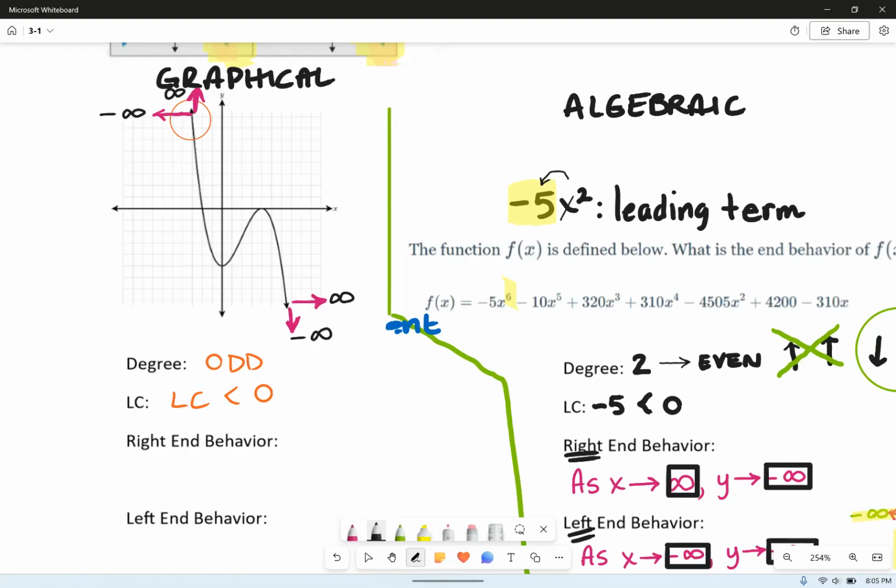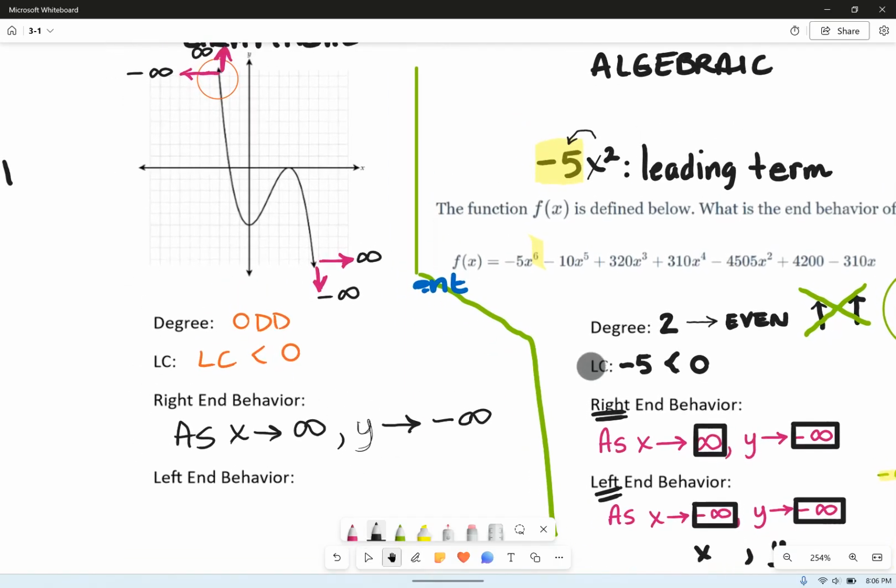So we need to do the right end behavior first. The writing doesn't change. You start as x approaches. What is it approaching? Oh, sorry, I'm looking at the vertical. It's approaching positive infinity. Okay, did I confuse you? This is the right hand. So it's approaching positive infinity for the x-axis, comma, on the y, it is approaching negative infinity.